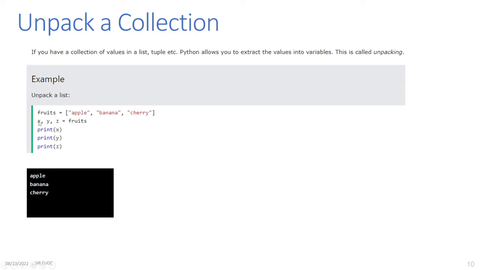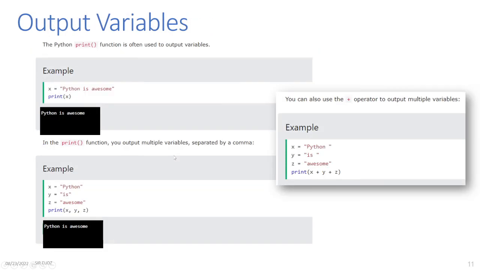If we type x, y, z = fruits, this will unpack the list. That means that apple will be assigned to x, banana will be assigned to y, and cherry will be assigned to z. If we print x, y, and z, this will print apple, banana, and cherry. So that's unpacking a collection. We'll learn more about lists in later videos.